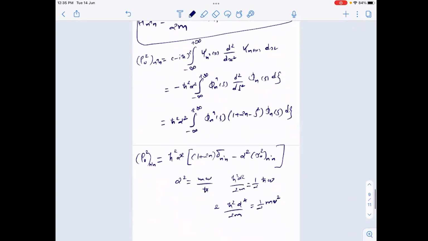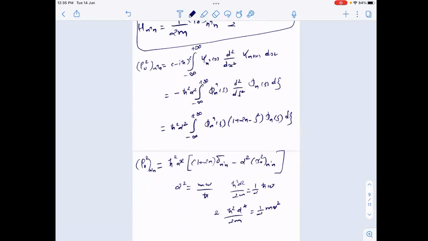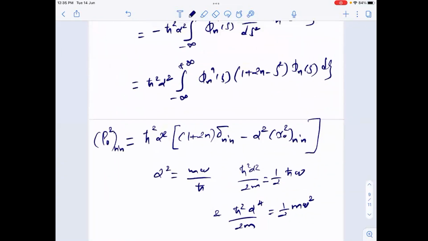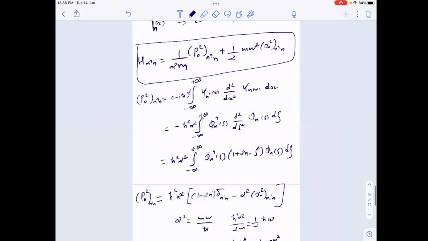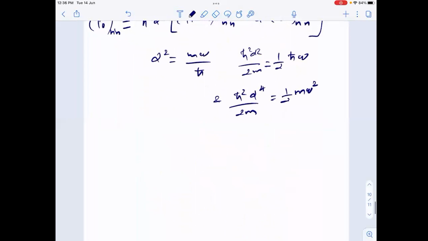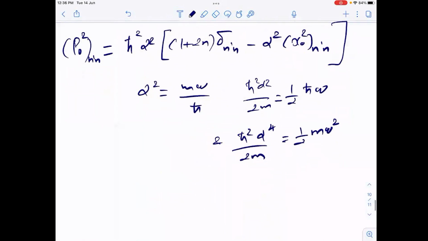If we do all these substitutions, okay, let's do it step by step. So what is the first component in H n dash n? 1 upon 2m p0 square n dash n, right? Fine. Then half m omega square x0 square n dash n.